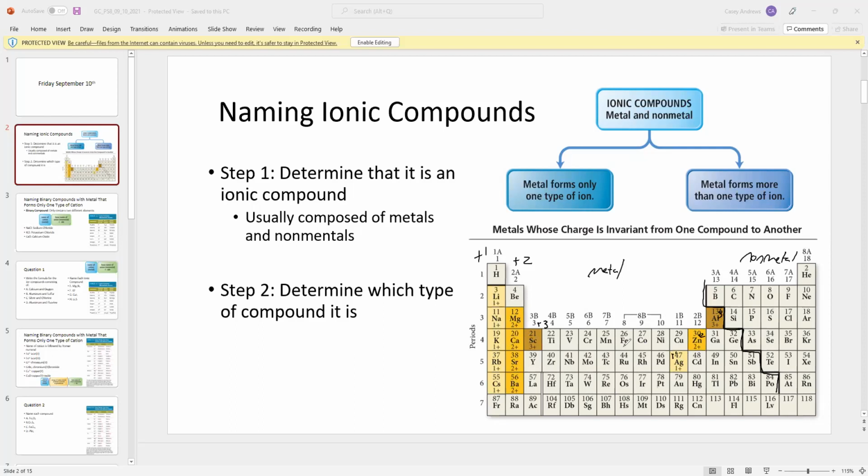So if you have metals with that charge, for example NaCl, the way you name them is rather simple. You give the name of the metal, sodium, and then the name of the non-metal plus -ide: sodium chloride. Or this would be sodium oxide. Or, I don't know, potassium sulfide.